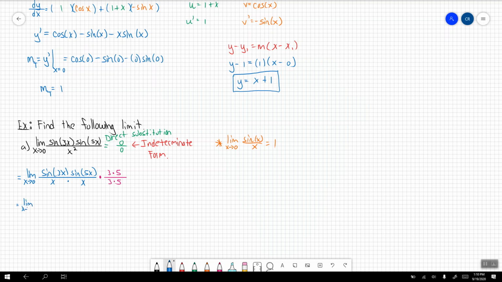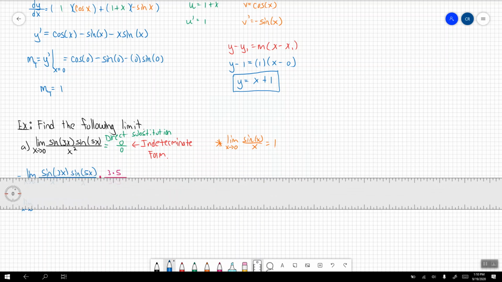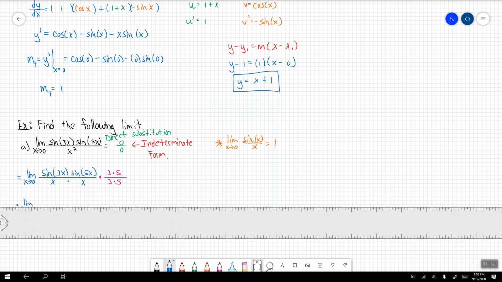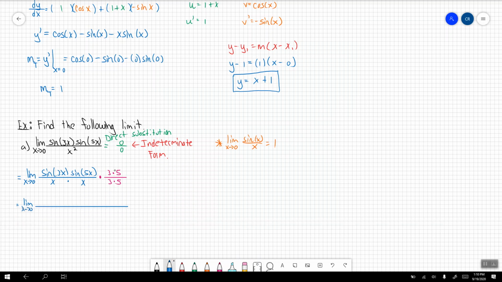So here we have the limit as x is approaching 0, and now my 3 times 5, which is 15, I'm going to keep here, multiplied by sine of 3x divided by 3x multiplied by sine of 5x divided by 5x. Now, I cannot split my fraction into individual additions or subtractions because we don't have that in the numerator.